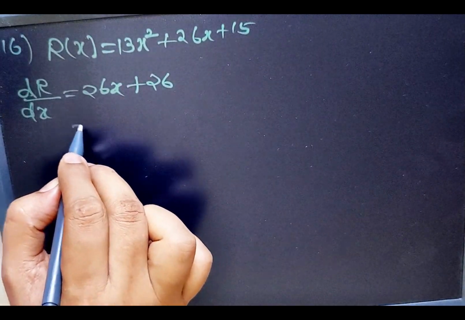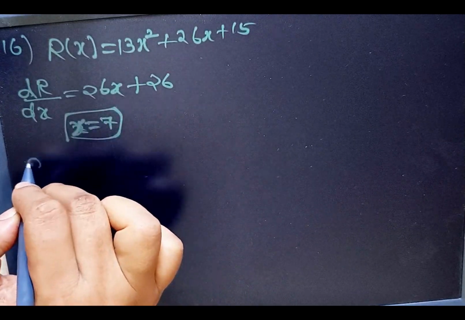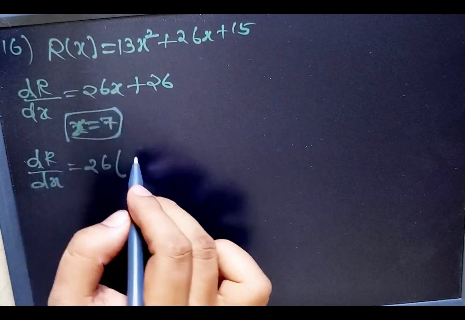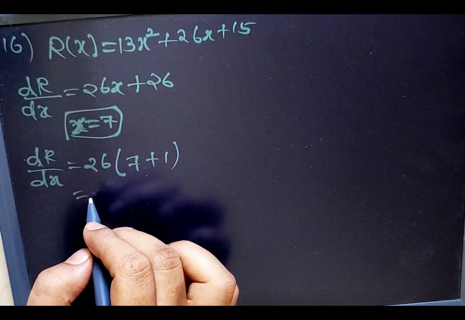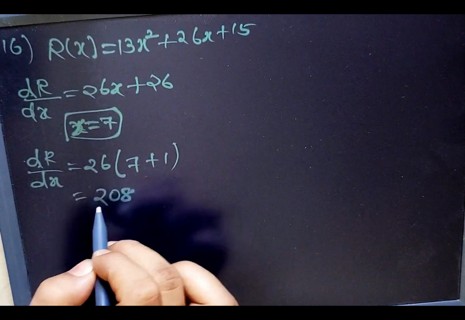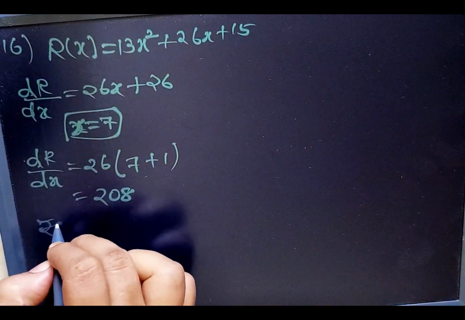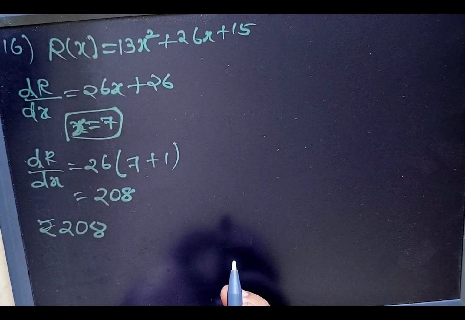Substituting x as 7, dR/dx value will be 26, taking it common, into x plus 1, 7 plus 1 is 8. 26 into 8 is 208. So the marginal revenue is rupees 208 when 7 units are produced.